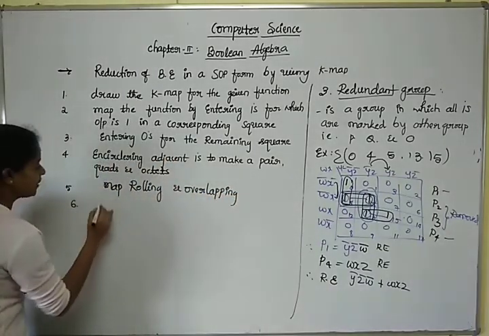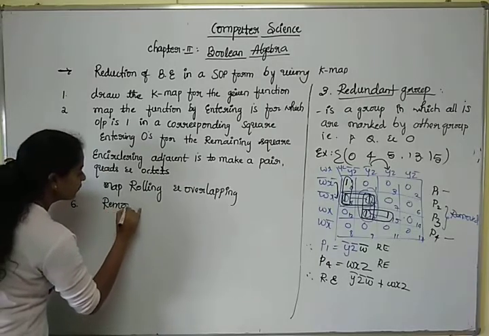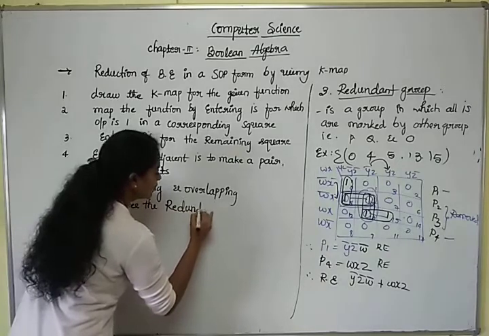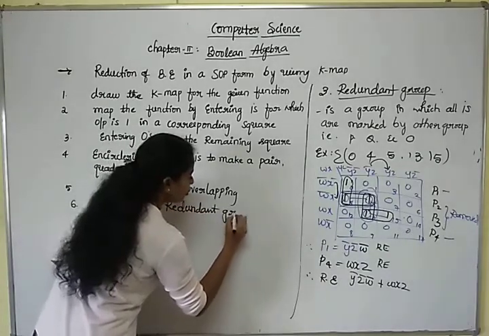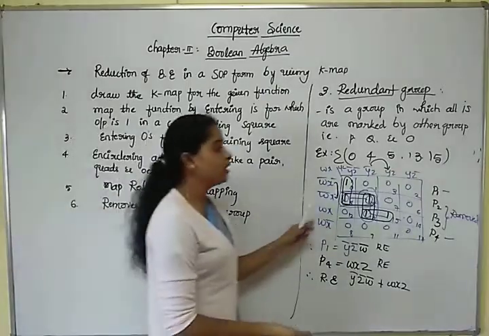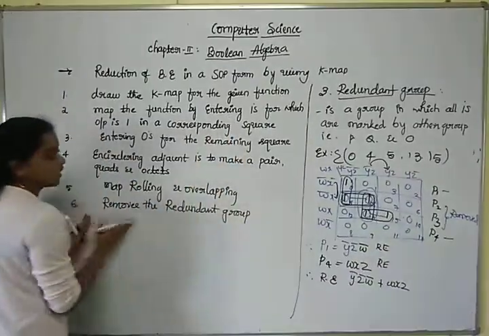The sixth step is to remove the redundant group; if we get any redundant group, then it is removed.